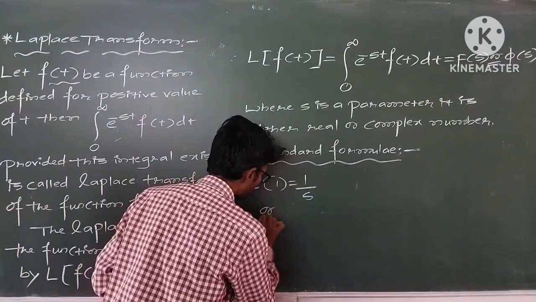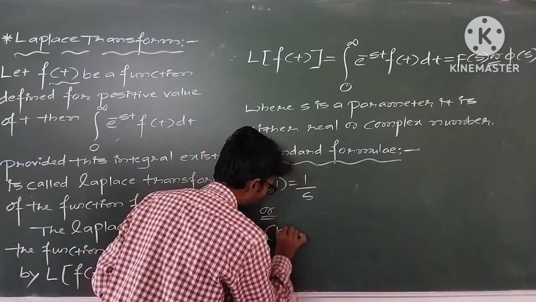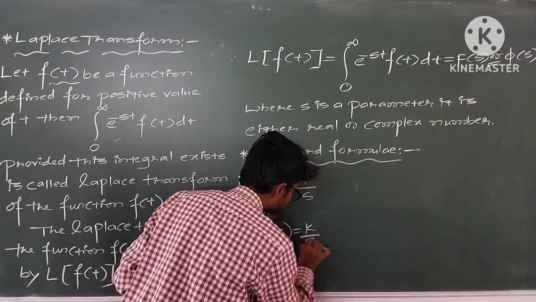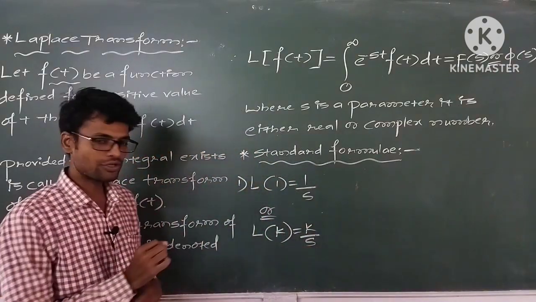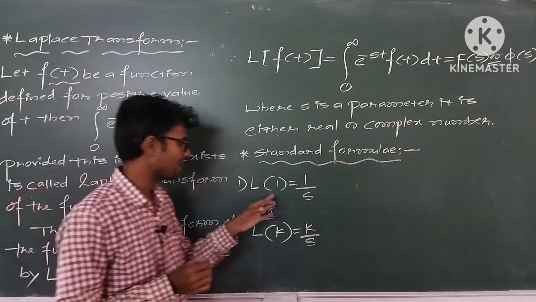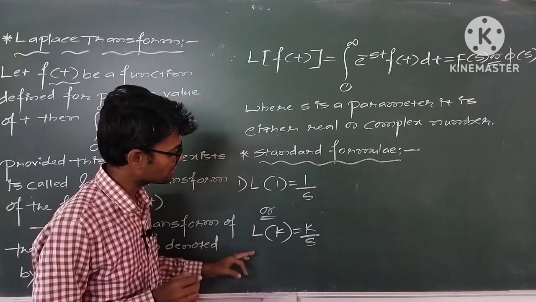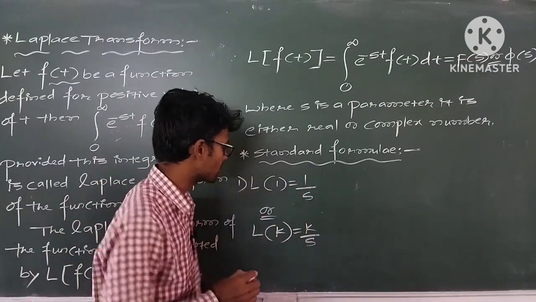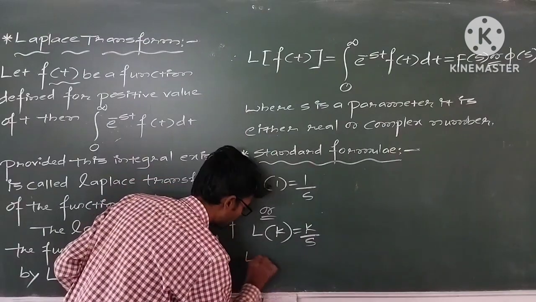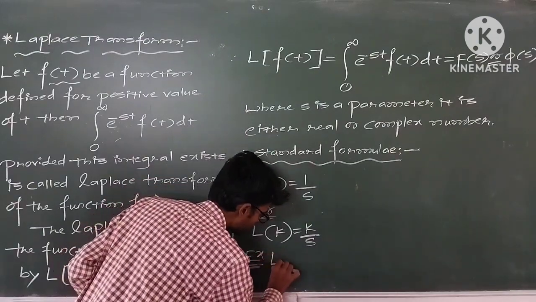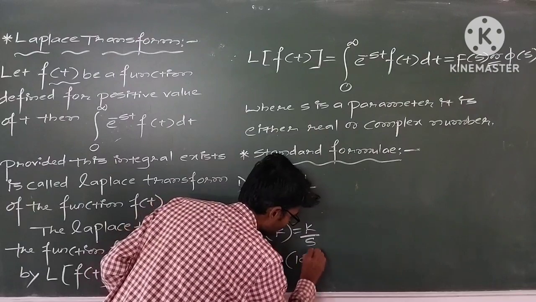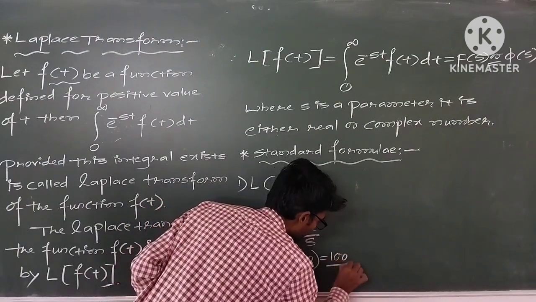Or you can write the Laplace transform of k is k by s. See, 1 and k are constants. So when k equals 1, you get the Laplace transform of 1 is 1 by s. The Laplace transform of k is k by s. For example, the Laplace transform of 100 is 100 by s.